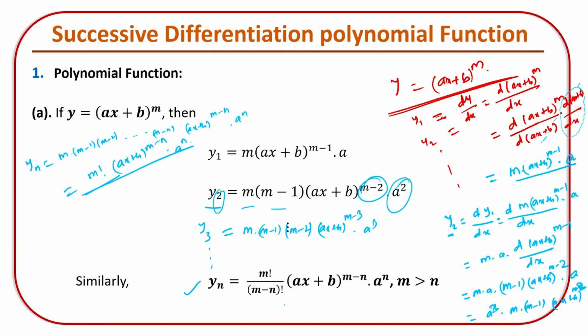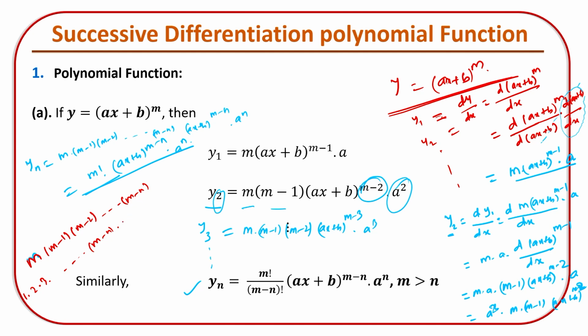Why is it m minus n? Look at the structure. Let me give you a hint first. We have m into (m minus 1) into (m minus 2) and so on down to (m minus n plus 1). Now multiply and divide by 1 into 2 into 3 up to (m minus n).